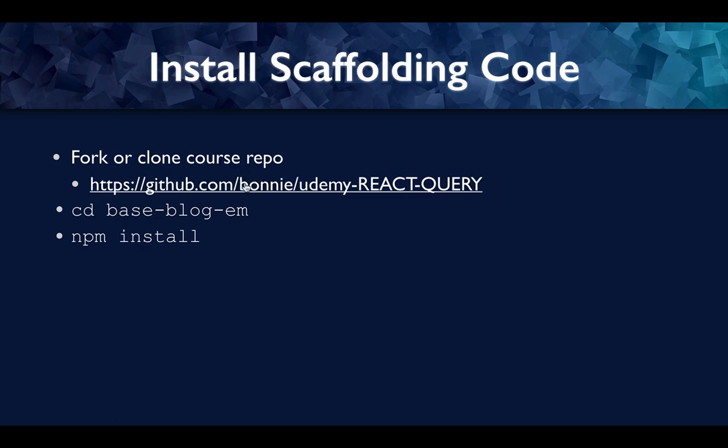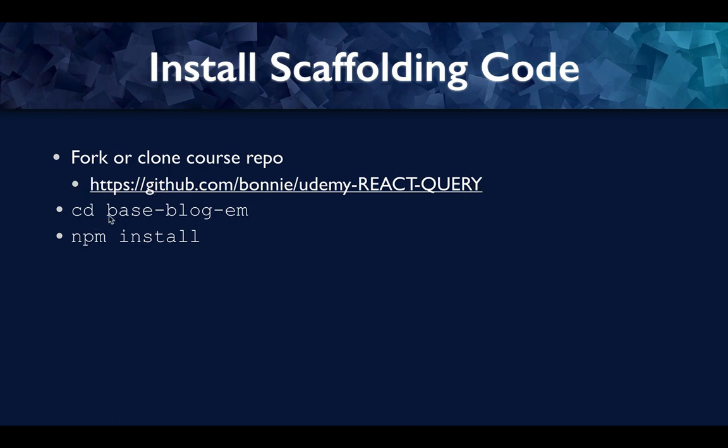So the course repository contains a lot of code that will serve as a base for our React Query coding. I advise you to fork or clone the course repository. I strongly advise you to code along with the course. In addition to coding along with me, there will be exercises where you will get a chance to practice what you've learned. So, fork or clone the course repository.